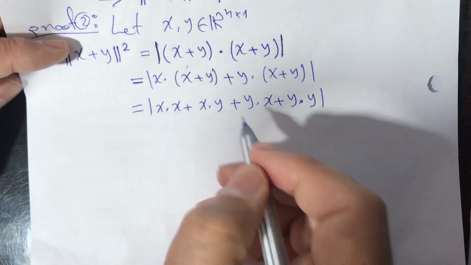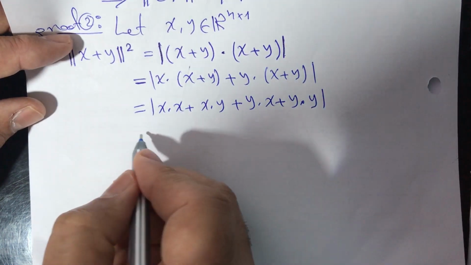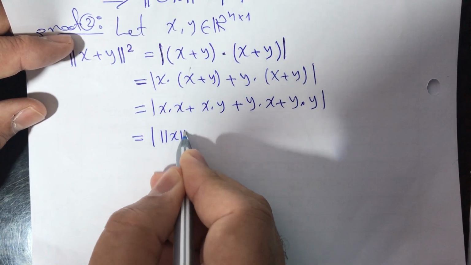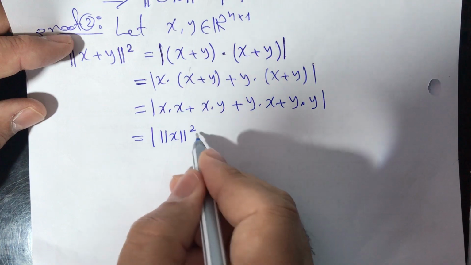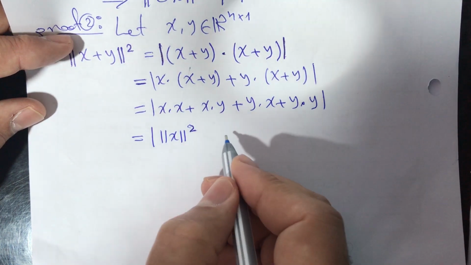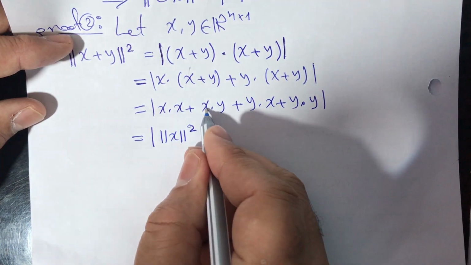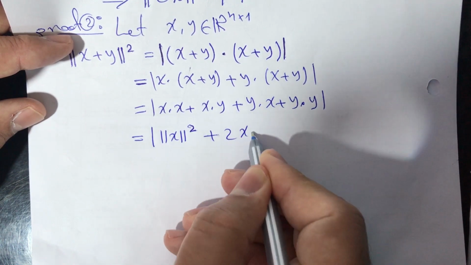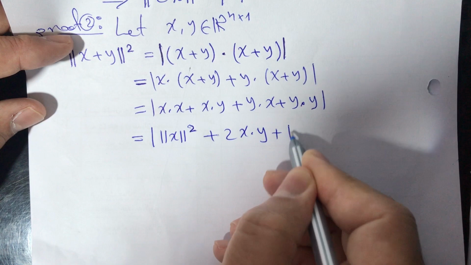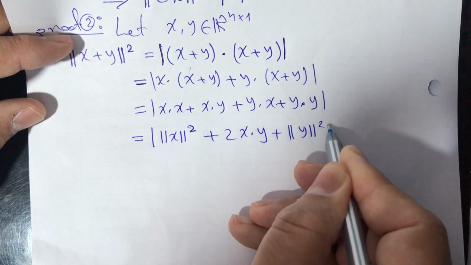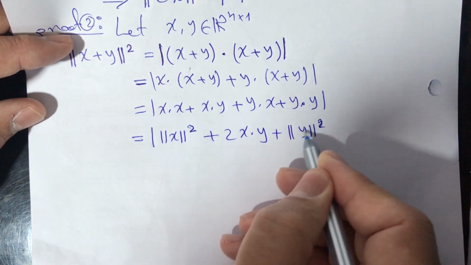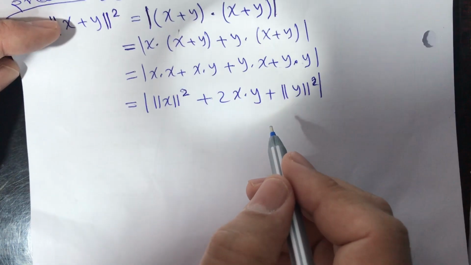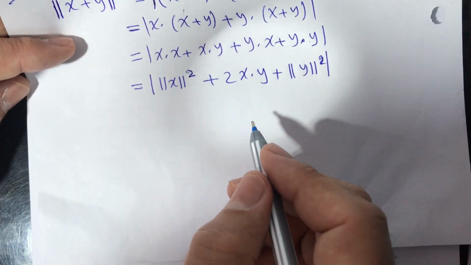This is the norm of x squared plus, since x dot y is equal to y dot x, 2 x dot y plus the norm of y squared, because y dot y is equal to the norm of y squared.